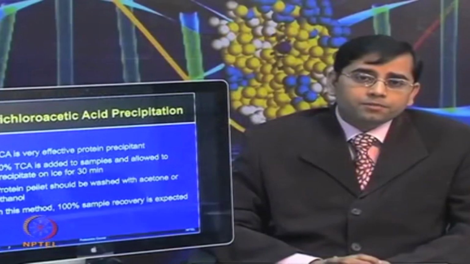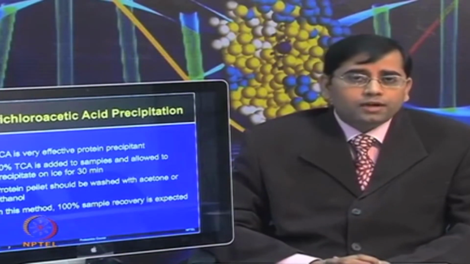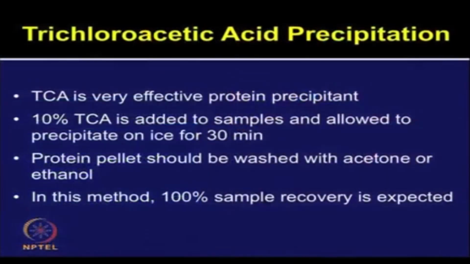The protein pellet should be washed by adding acetone or other organic solvents such as ethanol. This method is very effective from the sample recovery point of view. Almost 99 to 100% sample recovery can be expected with this method.